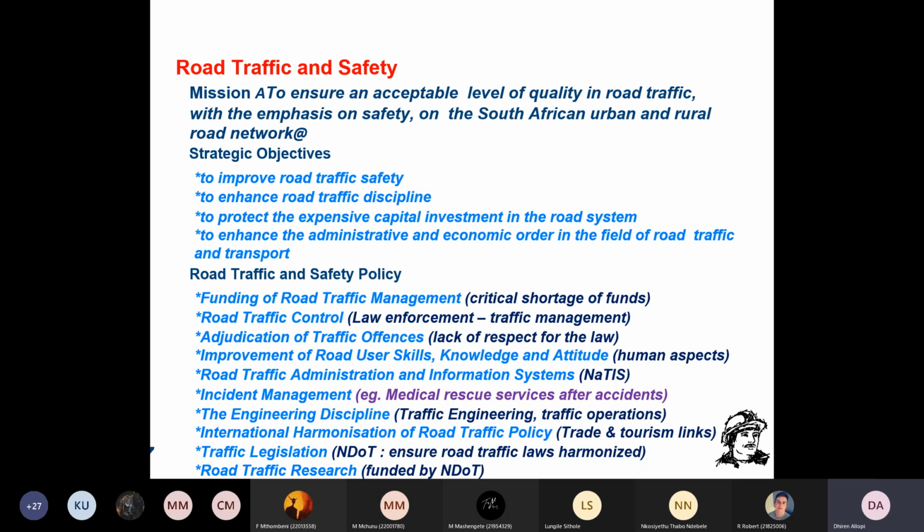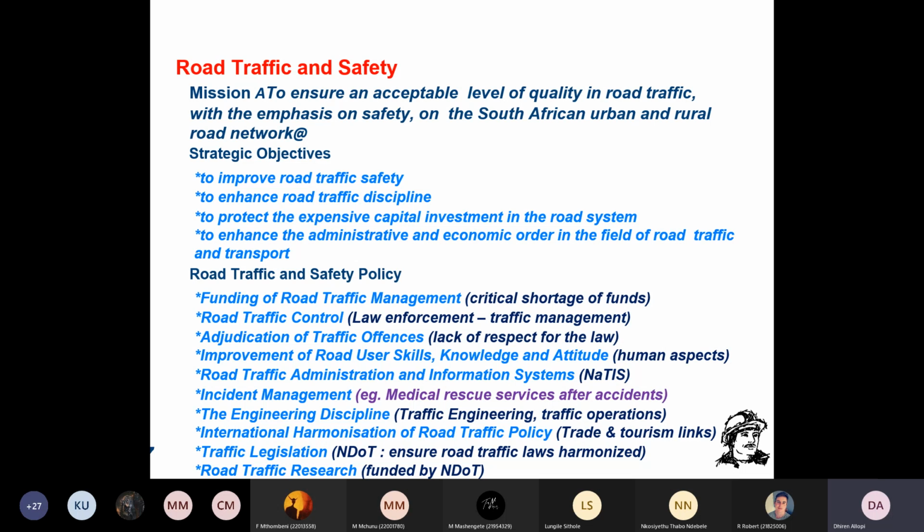Province also came up with their own road safety initiative. Do you know the KZN Province Road Safety Initiative? What is it called? Anyone? Came across the KZN Road Safety Initiative?